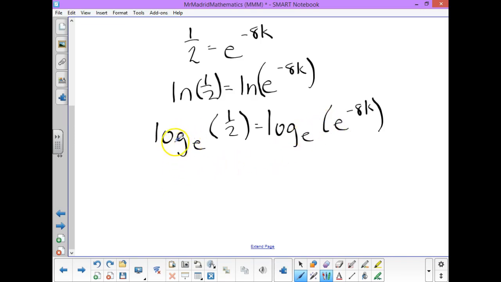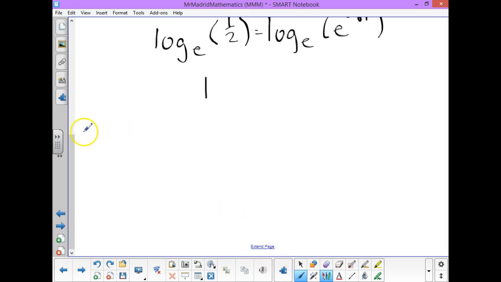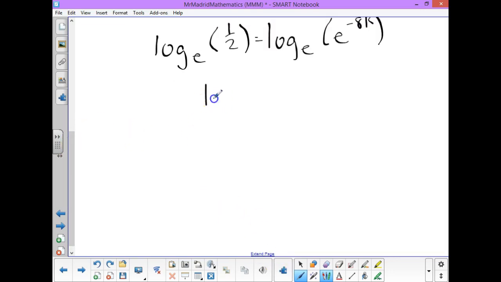Okay, so now I have the natural log of half equals what? This part cancels and I've got negative 8k. So then the obvious thing here would be to divide by negative 8, and now I have k equals the natural log of half over negative 8.